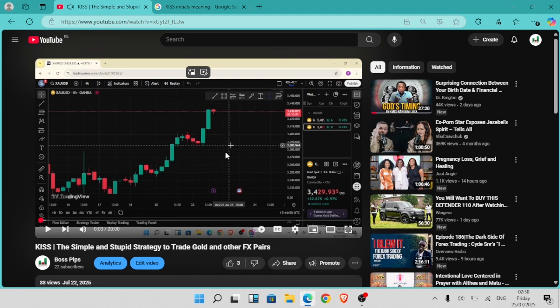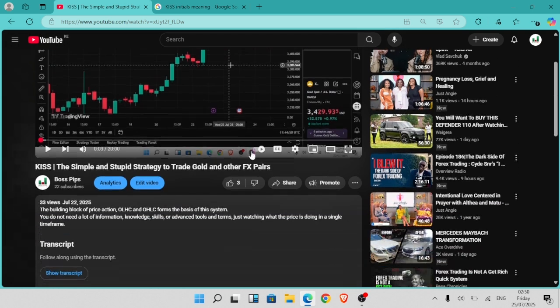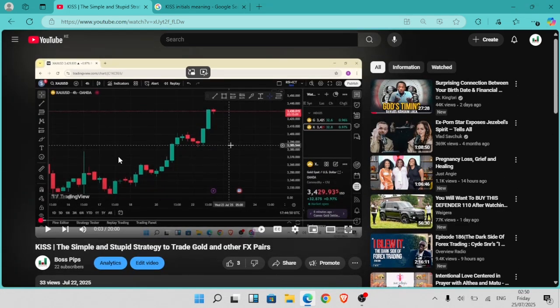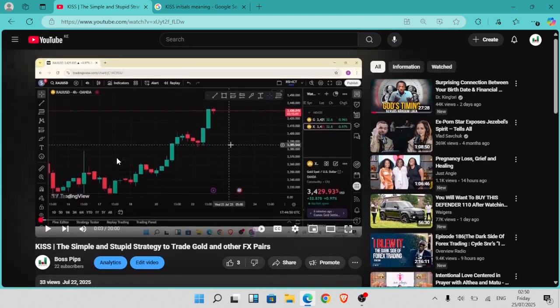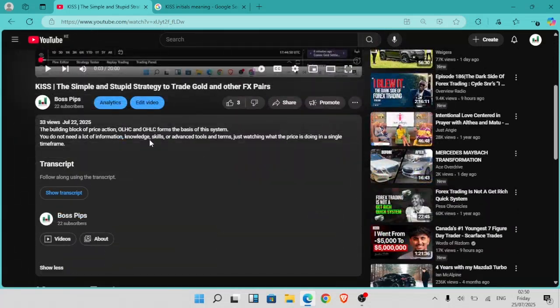A very simple yet stupid strategy to trade forex without having to risk a lot or lose a lot, and without having to go through the heavy terms used in the forex trading industry. This strategy is based on the open-low-high-close and open-high-low-close idea, and it forms the basis of this system.